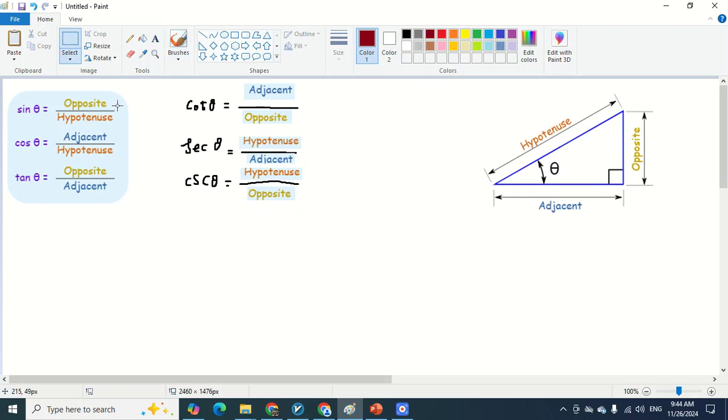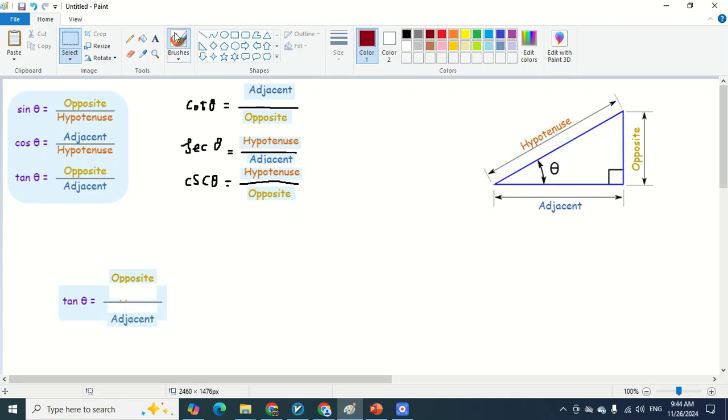For instance, let us start our discussion with the tangent of theta. If we consider the tangent of theta, which is equal to the opposite side over the adjacent, then you can divide both the numerator and denominator of this expression by some value.